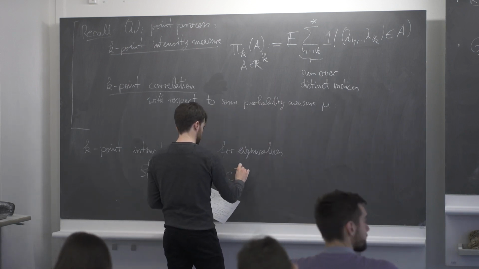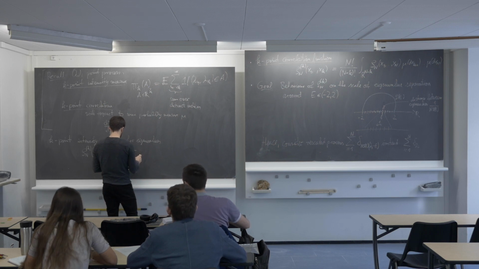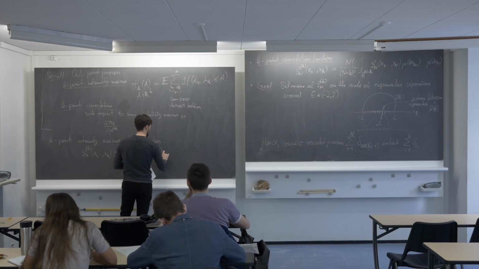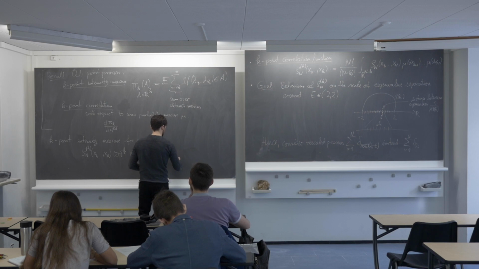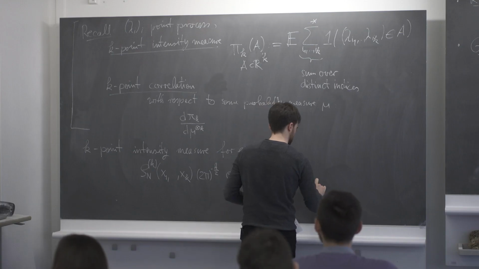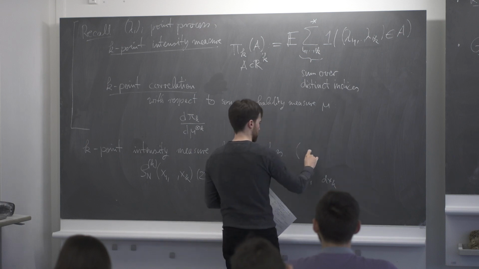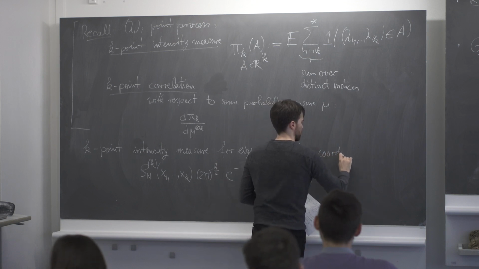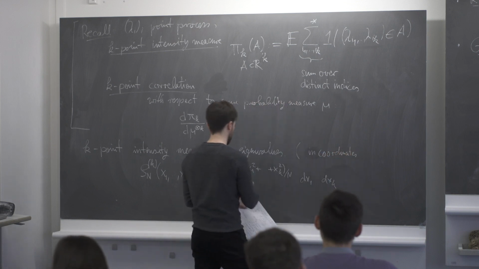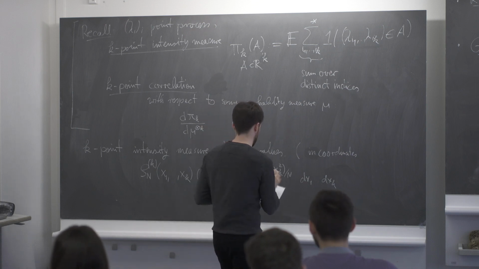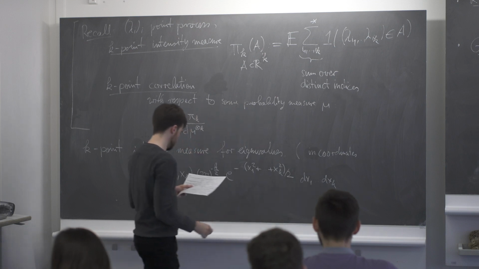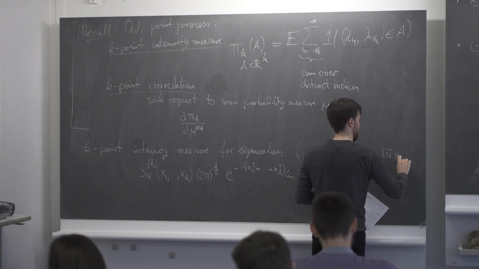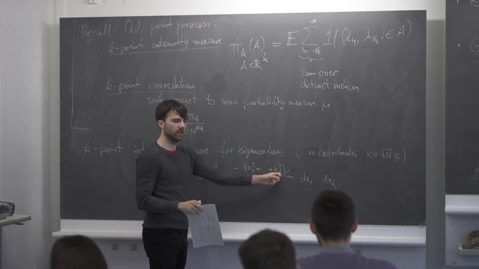So I get e to the minus (x_1 squared plus ... plus x_k squared) over n, and then dx_k. And maybe I should recall that we use again these rescaled coordinates x, which get rid of the n dependency in the exponential.